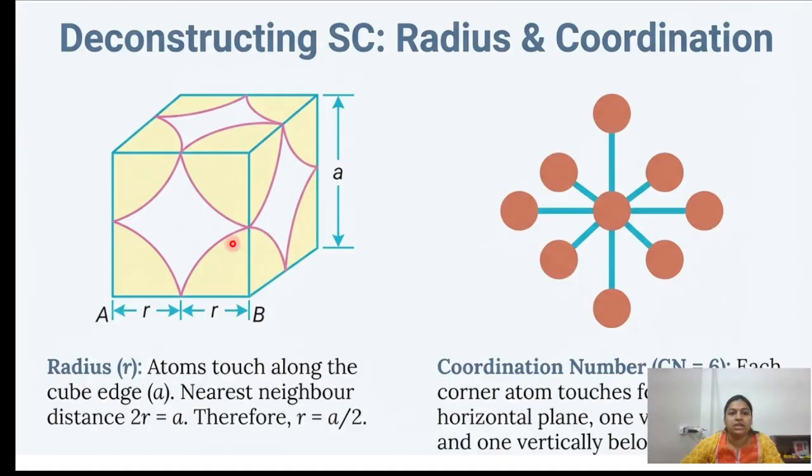The nearest neighbor distance is r, and these two r together equal a. So 2r equals a, so r is equal to a divided by 2.